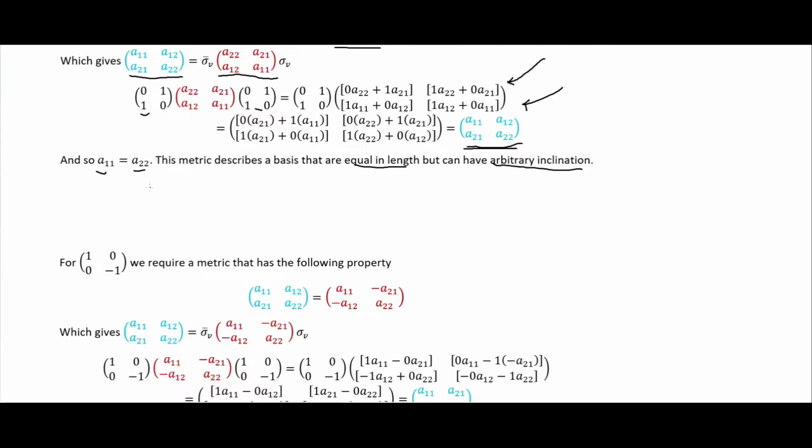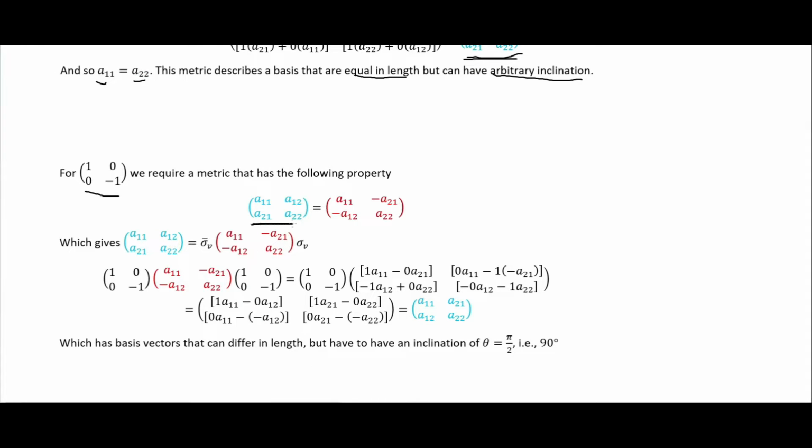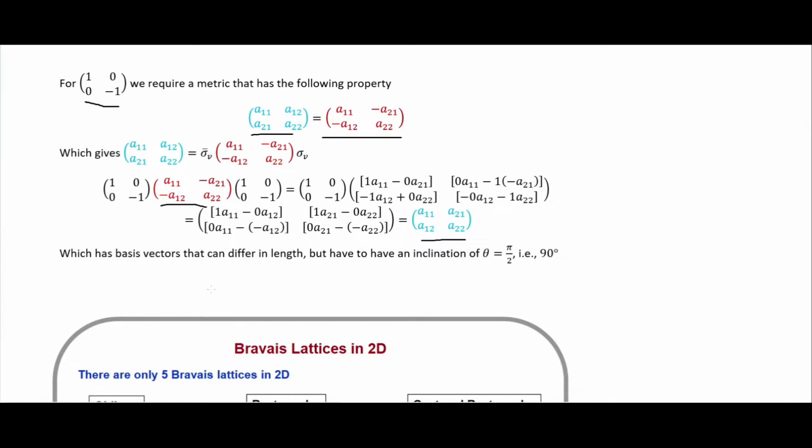And so then if we do the same thing for this 1 minus 1 in the diagonals, so we have this one here, and then it has to be equal to this one where these two off diagonal ones turn into negatives, and so we do the conjugation, and you go through all the matrix multiplication, and indeed you find that that is the case, that this blue one is equal to the red one through conjugation, which has the basis vectors that differ in length but have an inclination of theta equals pi over 2, which is 90 degrees if you want to think about it in degrees.